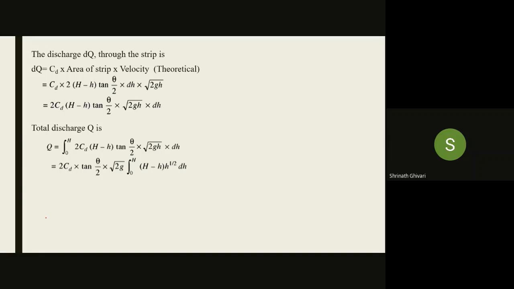How are you going to integrate? We have to integrate with respect to dh now. So multiply this h raised to half here and the rest is to half here. So it will be H into h raised to half minus h raised to what? 3 by 2 into dh.